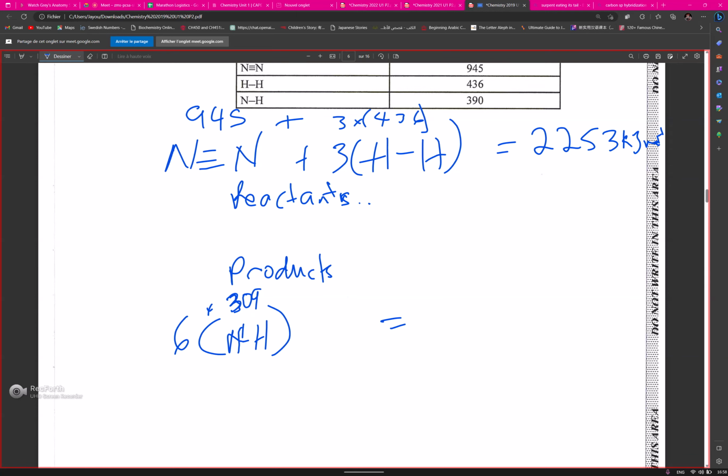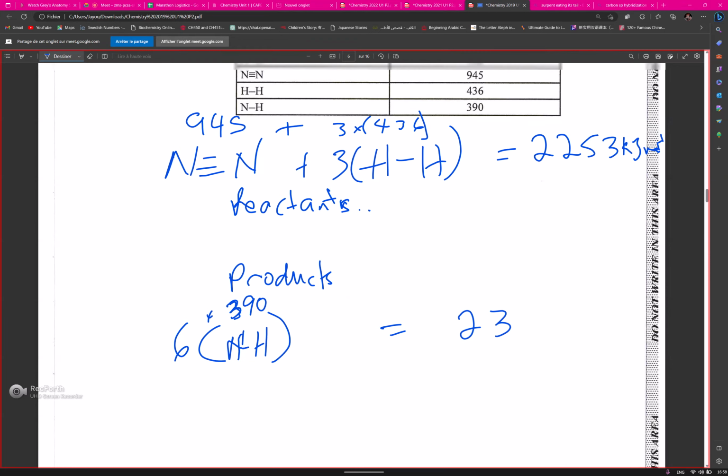Oh, sorry for that. 390. Sorry about that. Repeat what the answer was. 2,304. And is this bond formation or bond breaking?